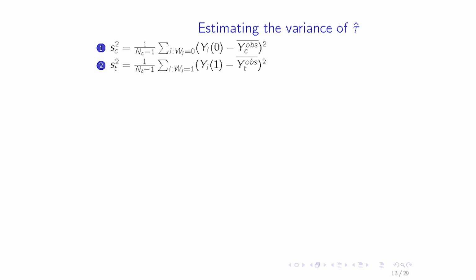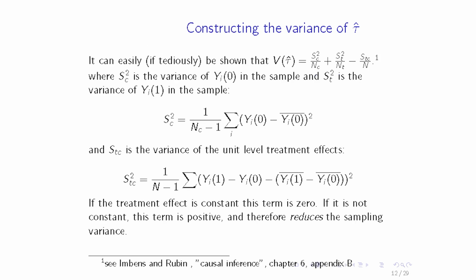Now, how about the third guy, this covariance term, the unit level variance of the treatment effect? How do we estimate it? Do you have ideas for that? What would we seem to need to know in order to be able to estimate the variance of the unit level treatment effect?